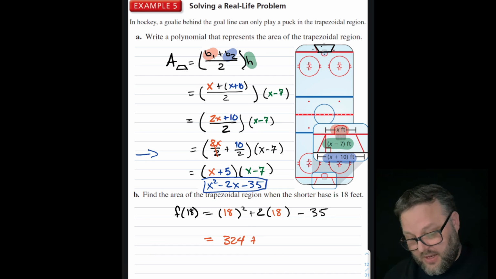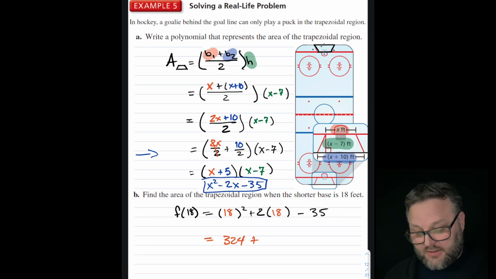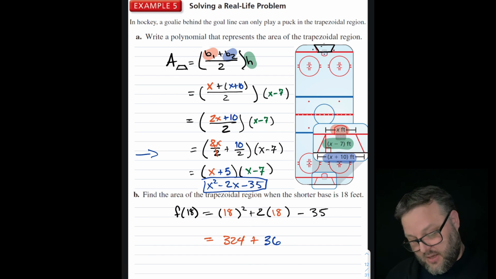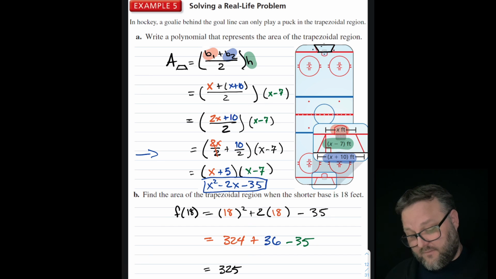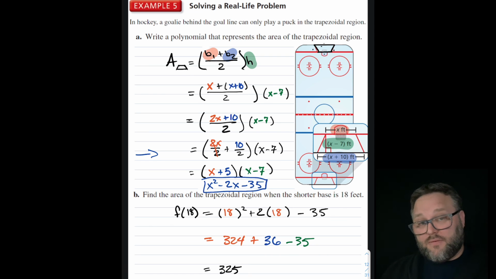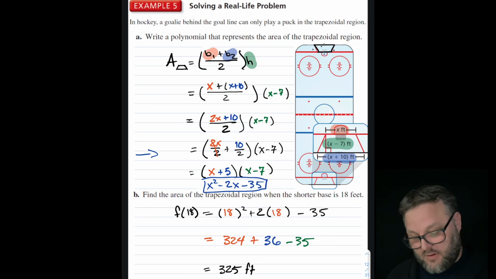Then I'm going to add 2 times 18. Well, 2 times 18 is 36. And I'm going to subtract off 35. 36 minus 35 is 1. Add that to 324, and I get the answer of 325. So what I find is the area of the trapezoid behind the goalie is 325 square feet.